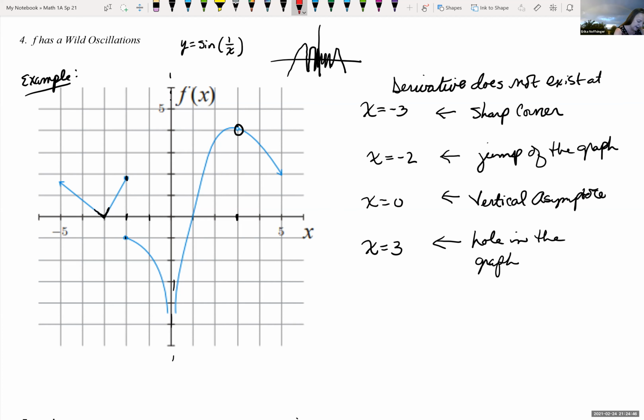If you look at x equals -3 and the slope as we get closer and closer on the left-hand side, I'm going to have a different slope than if I was approaching -3 on the right-hand side. And so I'm not getting the same slope at this sharp corner, and that's why the derivative at that value doesn't exist.